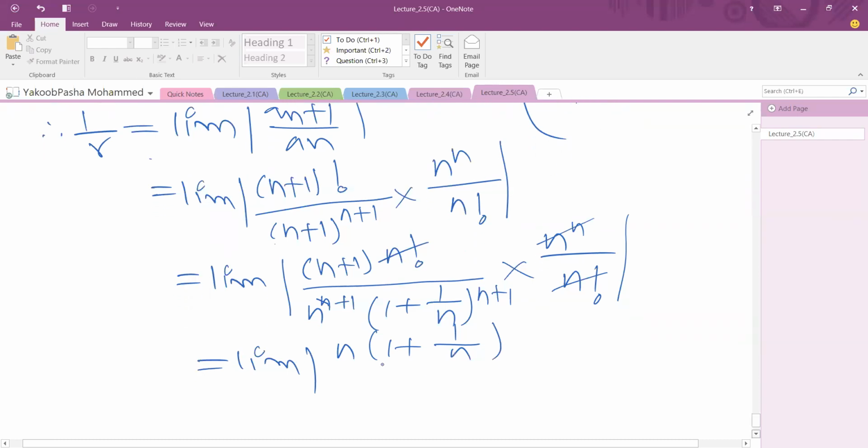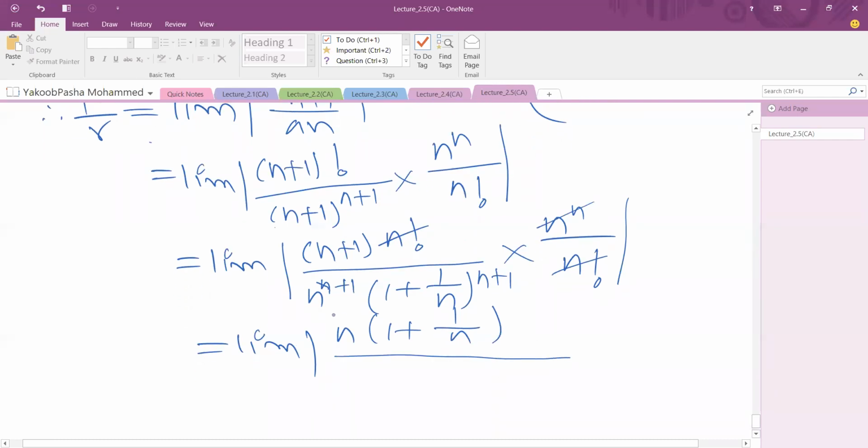In the denominator we have n power 1, that is n times (1 plus 1 by n) whole to the power of n+1. So n will be cancelled, and 1 plus 1 by n to the power 1 will be cancelled.